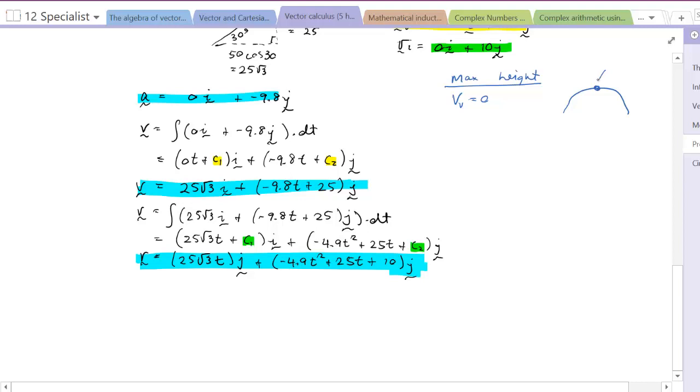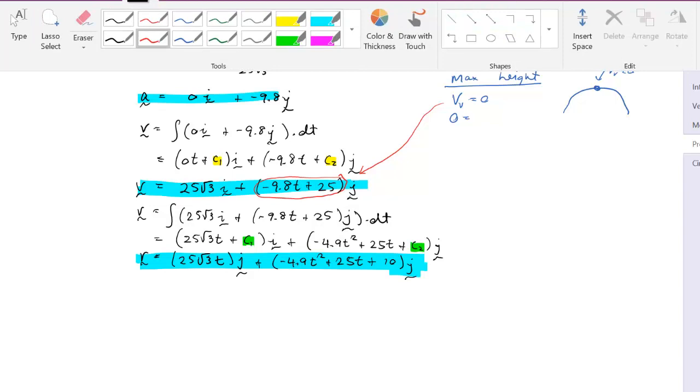So there's this point where the vertical velocity is equal to 0. So if we say that 0 is equal to the vertical component of the velocity, we can rearrange to isolate for time, and that will allow us to find the time of the greatest height. We can then use that time to sub in and find the actual height value.